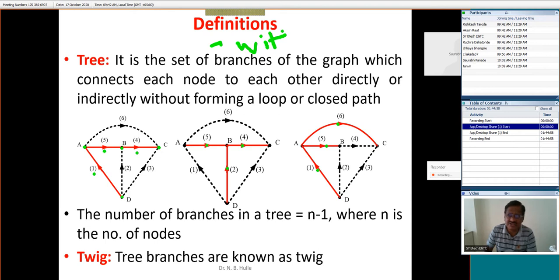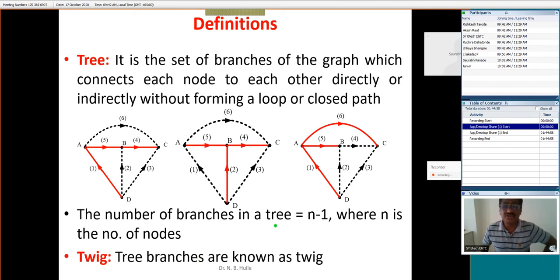The set of branches together with the nodes, which will connect each node to the other node directly or indirectly without forming a loop or closed path, is known as a tree. Is it right?